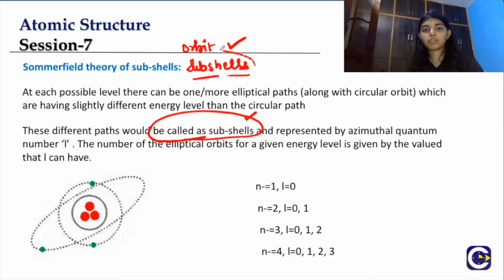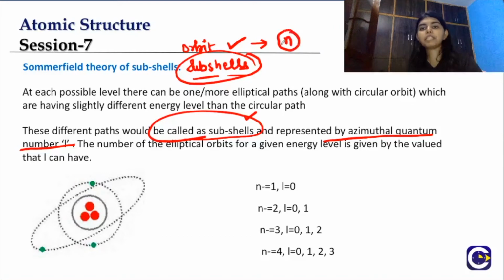Orbits were divided into subshells, which are basically the elliptical paths, represented by the azimuthal quantum number L. So Bohr gave the orbit number as n, the principal quantum number, and Sommerfeld gave the azimuthal quantum number, L, which is known as the subshell.